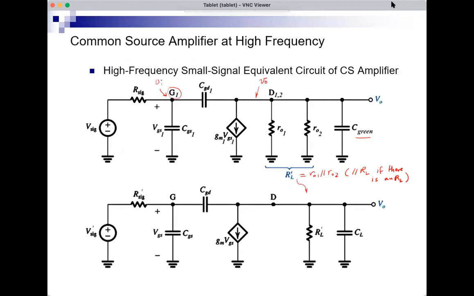If you notice that there's a prime here, they're equal to V sig and R sig in the case of MOSFET. And we will see for the case of BJT why they're called V prime sig and R prime sig. So there is a reason why they're now primed. But for the MOSFET case, V prime sig is just V sig. R prime sig is just R sig.